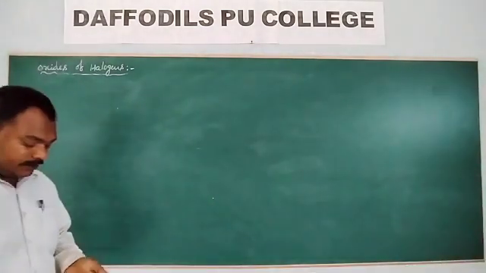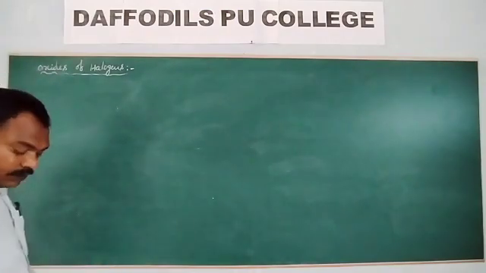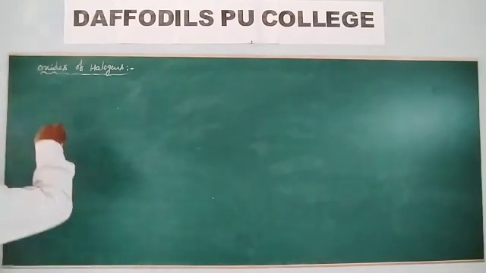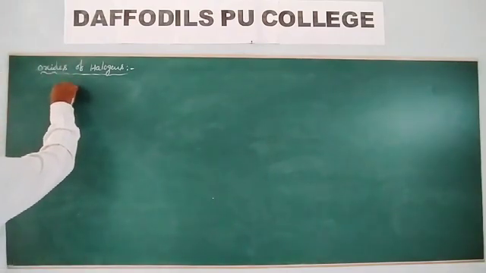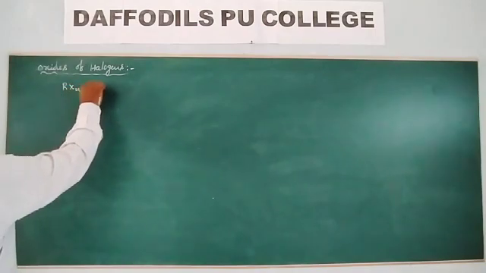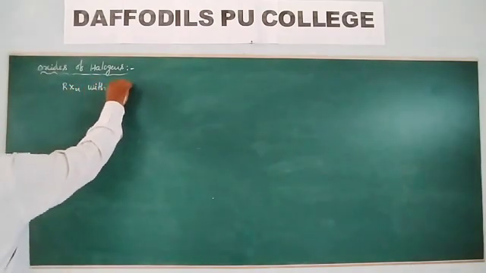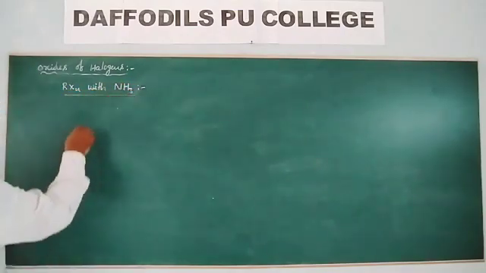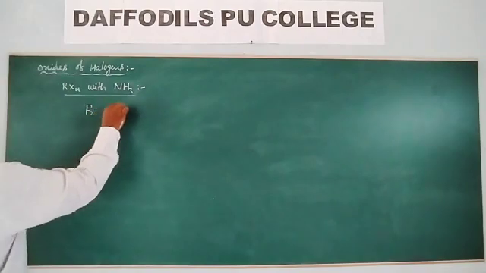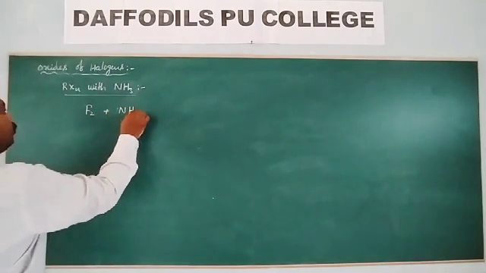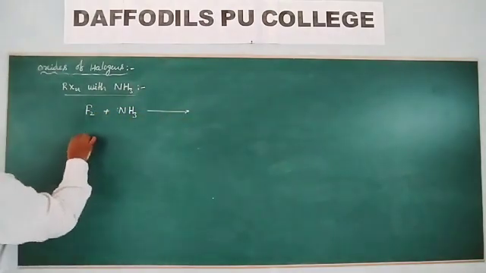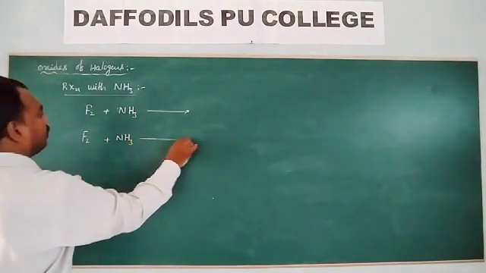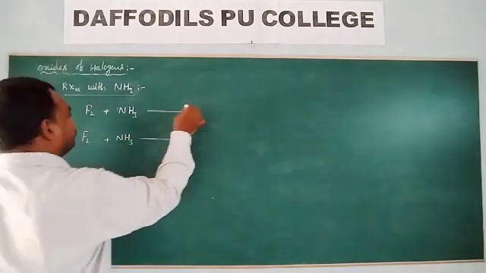Next, look at the reaction with ammonia. Reaction with the different compounds. Fluorine reacts with ammonia in two different ways.